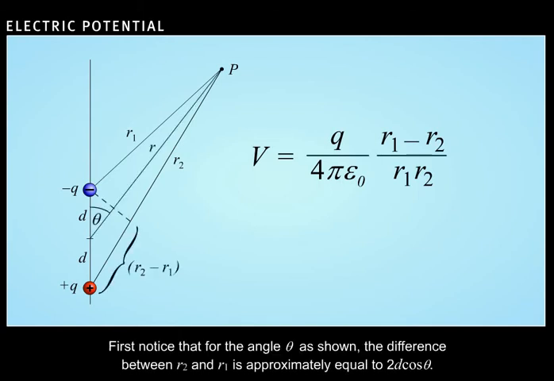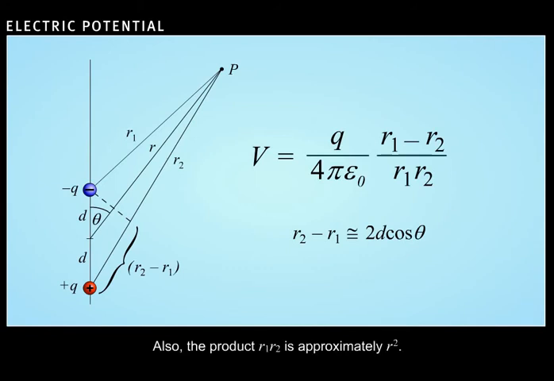First notice that for the angle theta as shown, the difference between R2 and R1 is approximately equal to 2d times cosine theta. Also, the product R1 times R2 is approximately R squared.